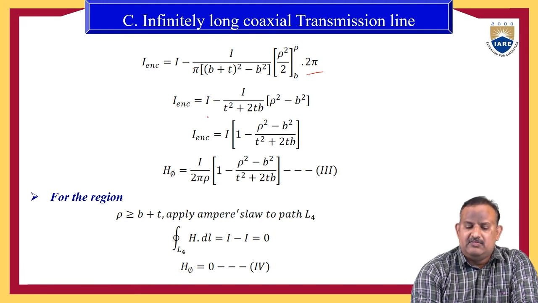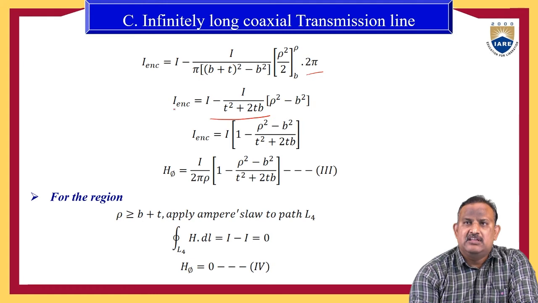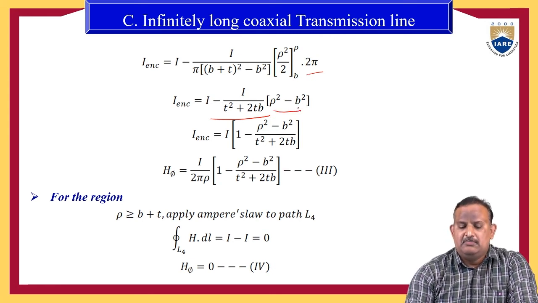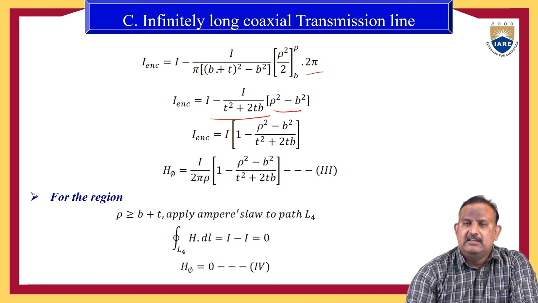And here we can simplify the equation. (B plus T) whole square is B square plus T square plus 2TB, minus B square. The B squares cancel each other, so we have T square plus 2TB, into, if we substitute the limits, rho square minus B square. The 2 and the pi cancel each other.